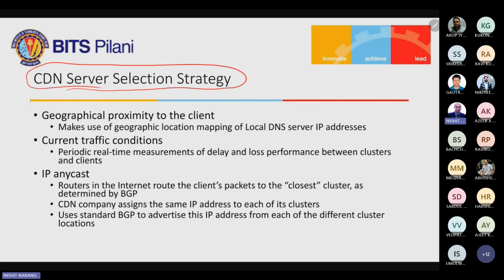The simplest strategy which is used in content delivery networks, you could have made it out anyway, is the geographical proximity to the client. So somebody tries to access my content, I use their IP address to determine their geographic location, and I service them from a data center that is closest to their geographical location.